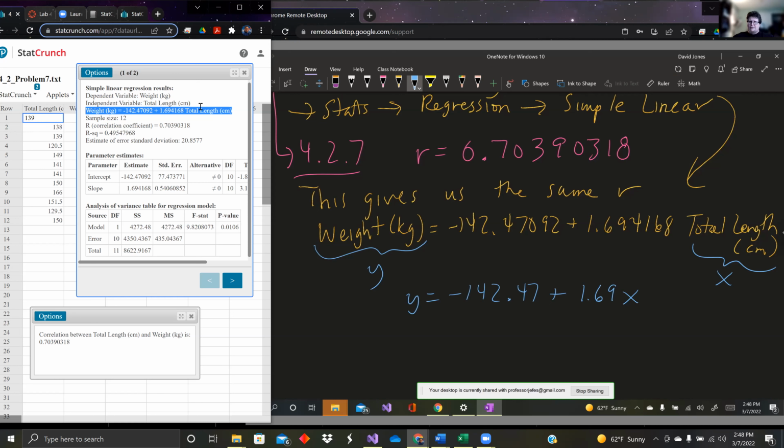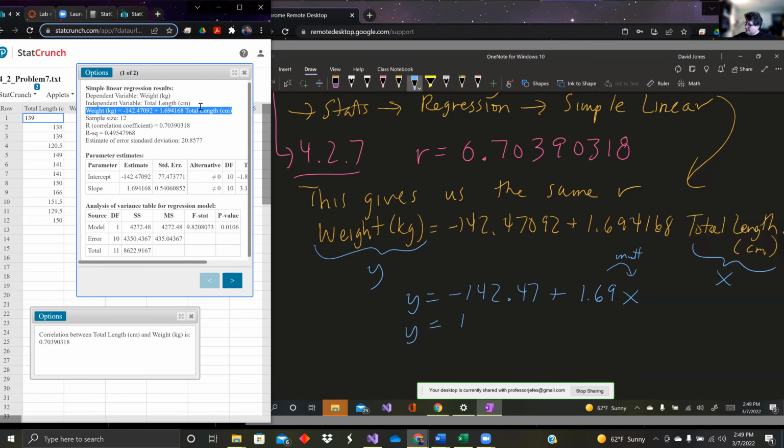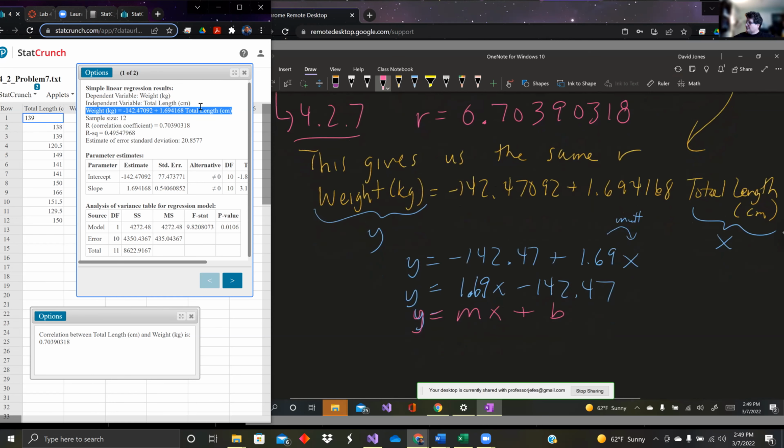And now we've seen, and we talked about this earlier, I've got a number multiplying by X and then something added to it or subtracted from it. If I put the X part first, this looks like our y equals mx plus b. And it is.